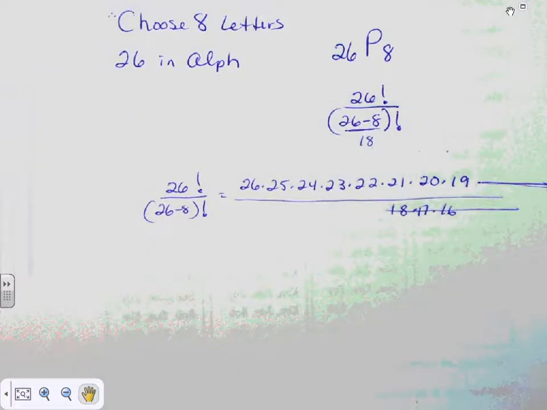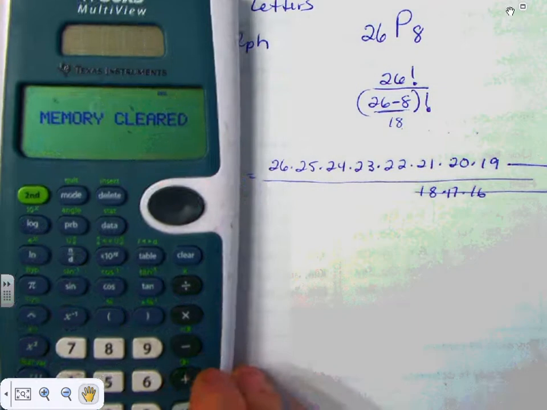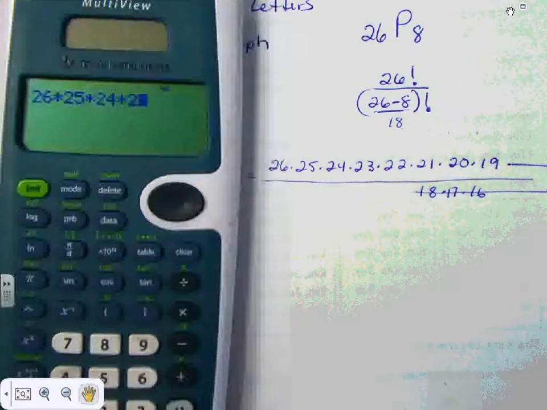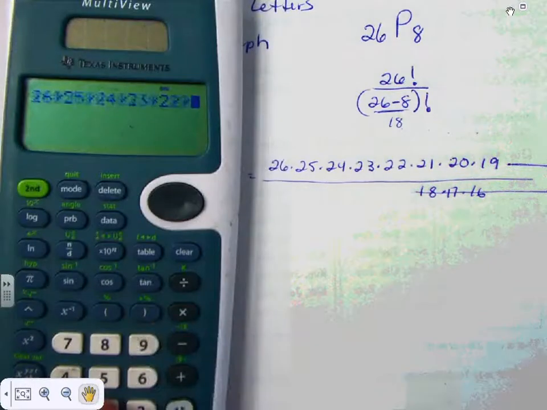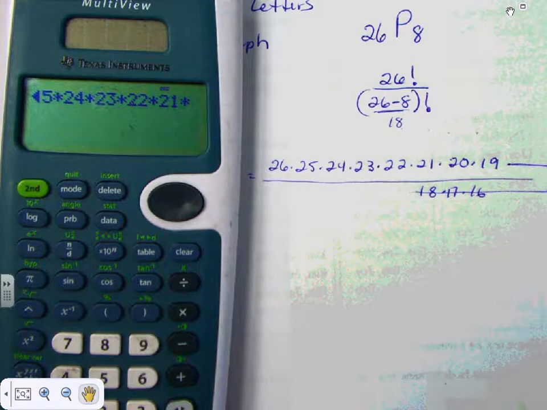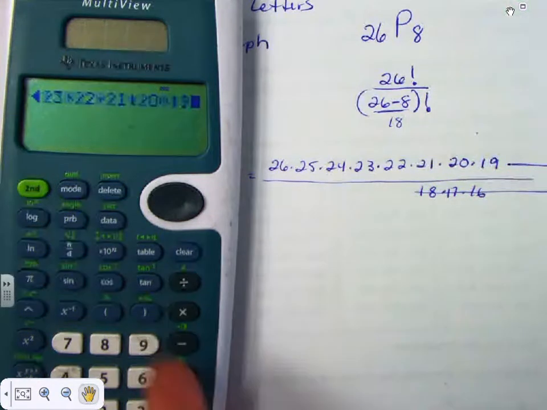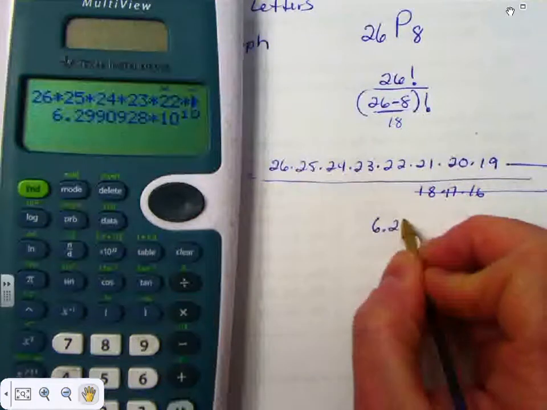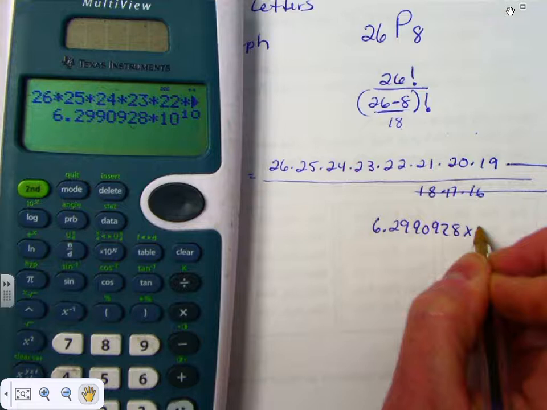All right, so now we do have to use the calculator. There's no doubt about it. 26, 25, 24, 23, times 22, 21, times 20, 19. Okay. 6.299098 times 10 to the 10.